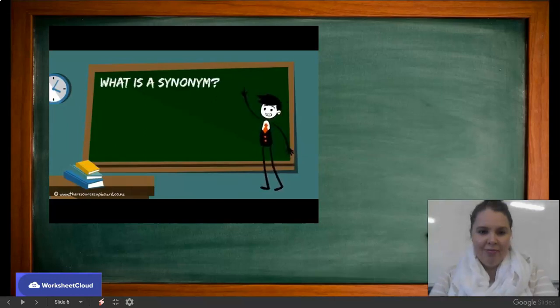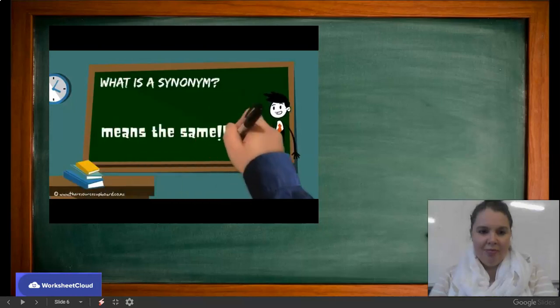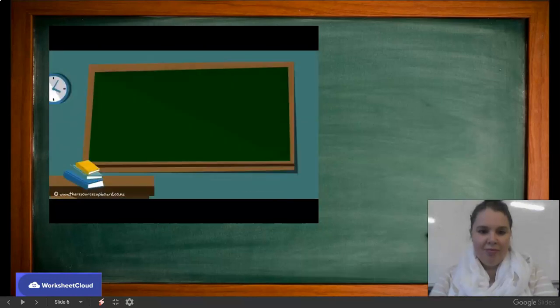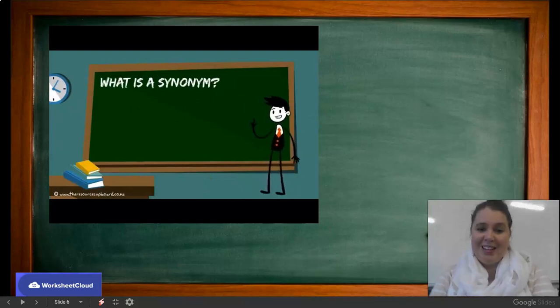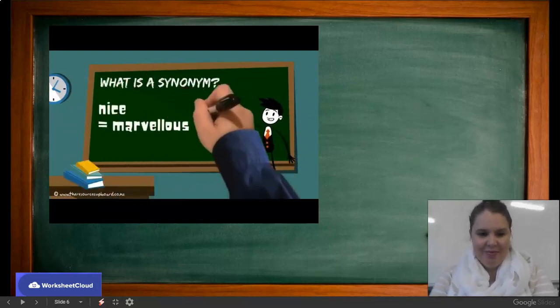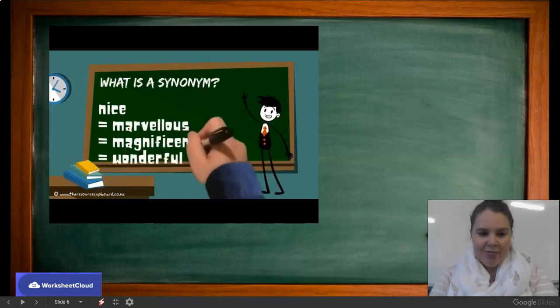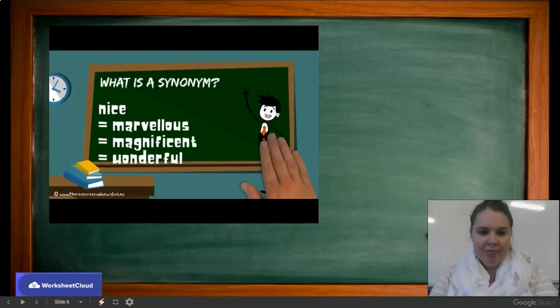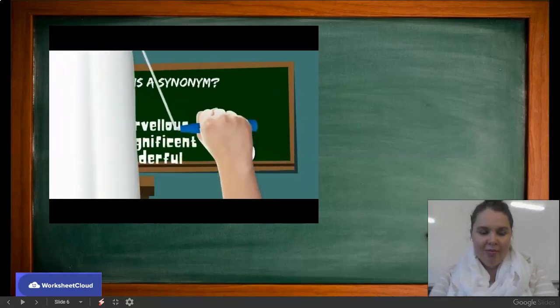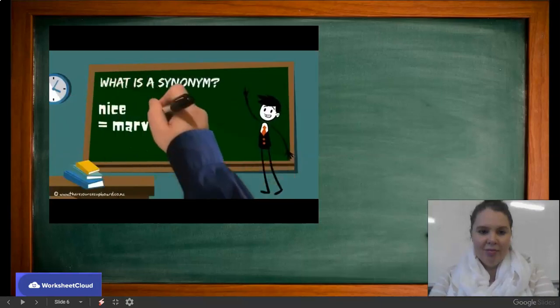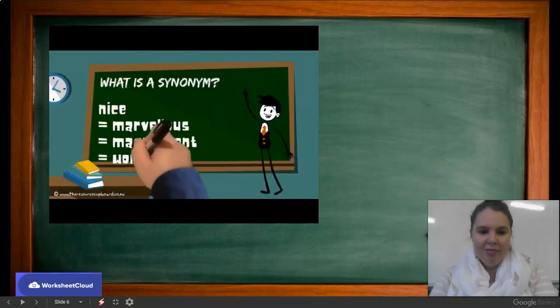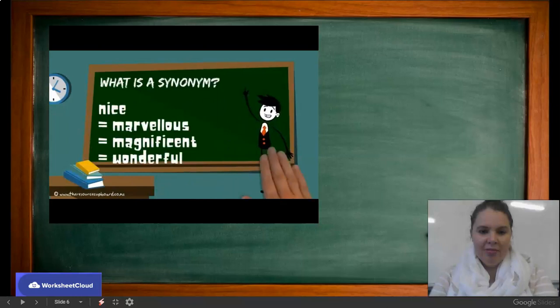A synonym is a different word that means the same. Let's take a word that drives teachers crazy. Nice. Synonyms for nice could be marvellous, magnificent, wonderful. They are different words that mean the same as nice. They are synonyms.